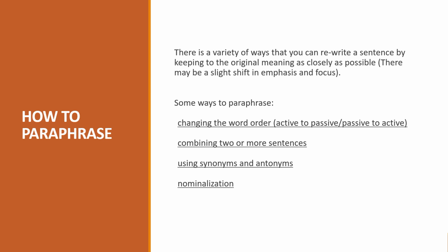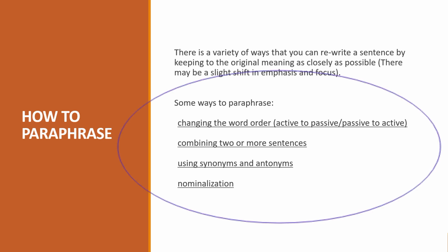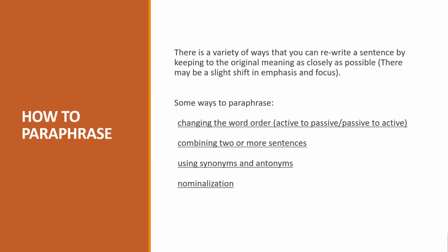What are some ways to paraphrase? It could be changing the word order from active to passive or vice versa, combining two or more sentences, using synonyms and antonyms, and finally, nominalization. We will talk about the last one in more detail later.